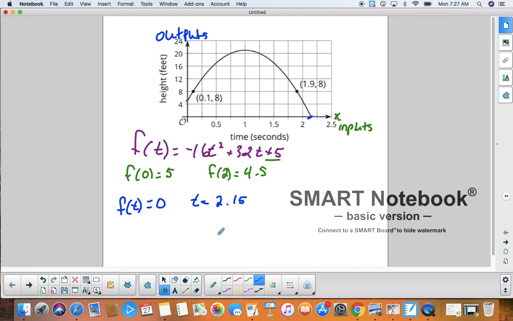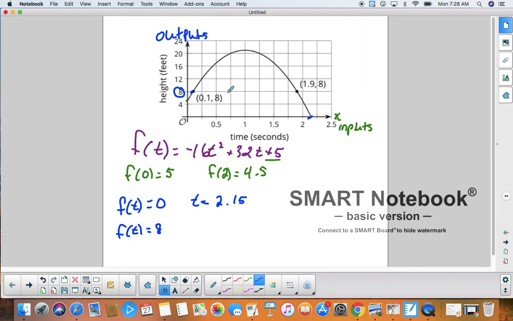I could do a similar evaluation if I said, well, when is the ball 8 feet off the ground? So at what time is the ball 8 feet off the ground? So I'm going to come over here to my graph, and I'm going to find a height of 8 feet, which is right here. And you can see that these points have already been labeled for us. So we have a height of 8 feet right here.